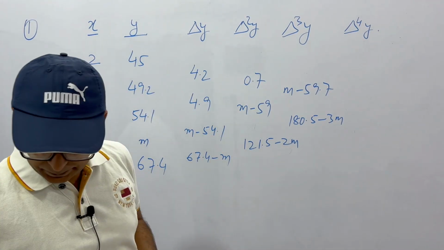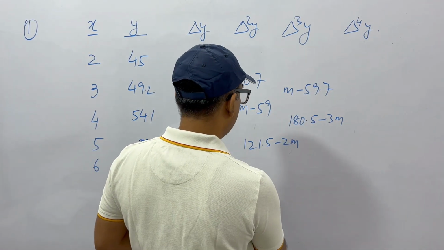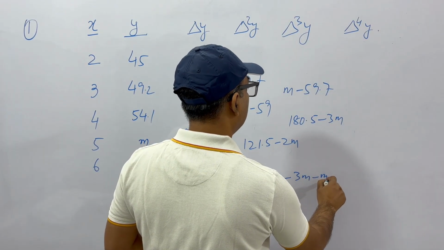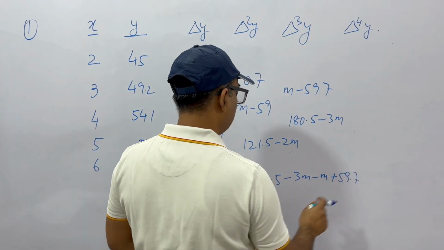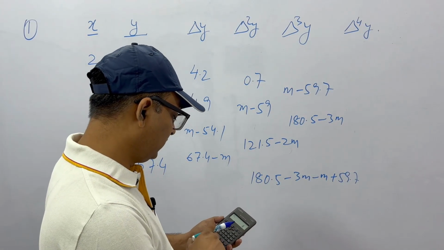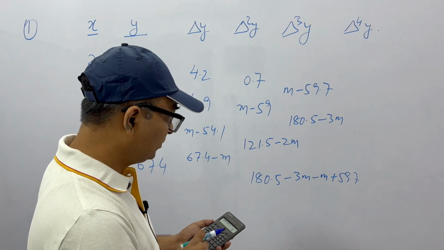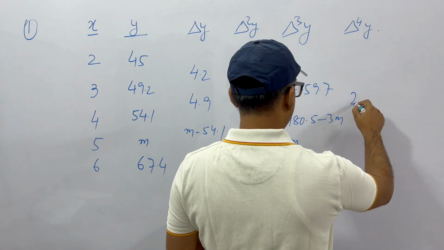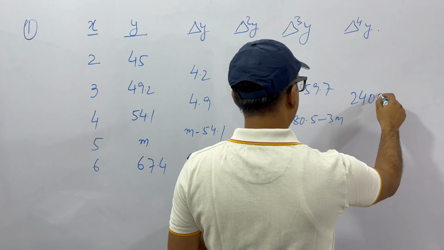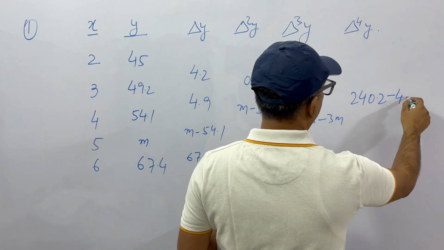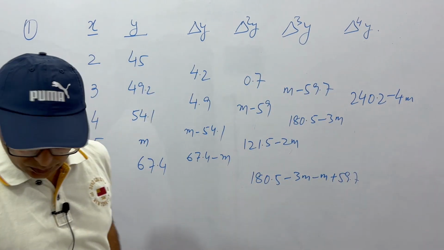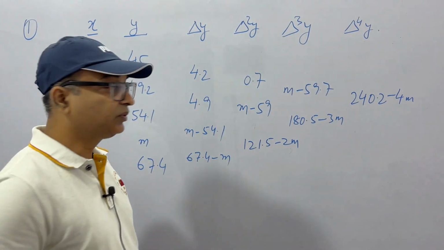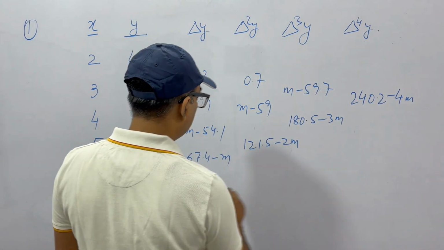Now the final value, what will this be? This will be this minus this. So 180.5 minus 3m minus m plus 59.7. So let's see what this is. This is 180.5 plus 59.7, that is 240.2 minus 4m. Now, as I had told you, since we have 4 entries, delta 4 of y, that is this, will be equal to 0.